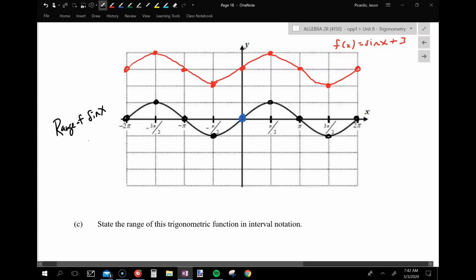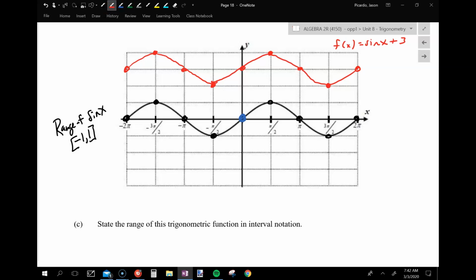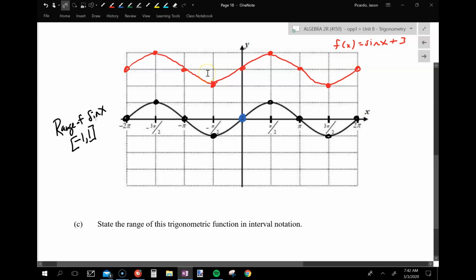And the highest point on the original curve? +1. So the range is -1 to 1, right? Now, how about on my new red curve? What's the lowest point on my new red curve? Right here, 2. This is the lowest point, and the highest, 4. 2 to 4, right?